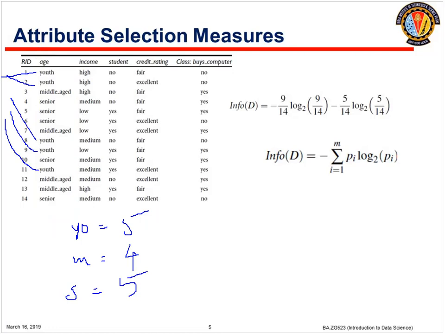So let us look at what happens if you split on age. Then you have to look at three cases. If you split on age, there will be a three-way split: on youth, on middle-aged, and on senior. What is the probability that any random example belongs to youth?